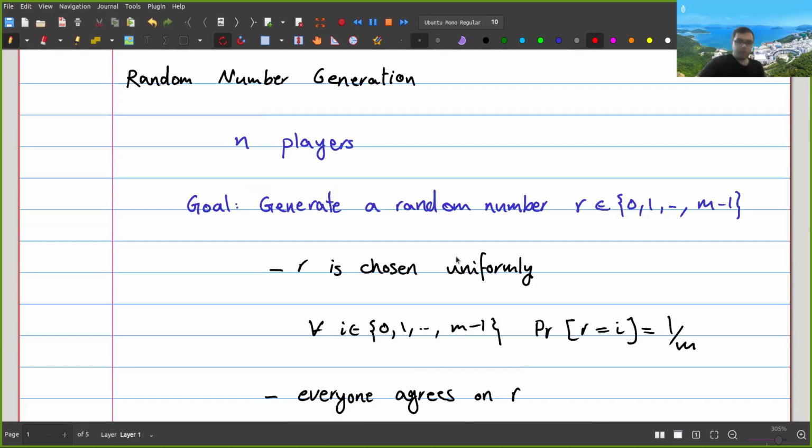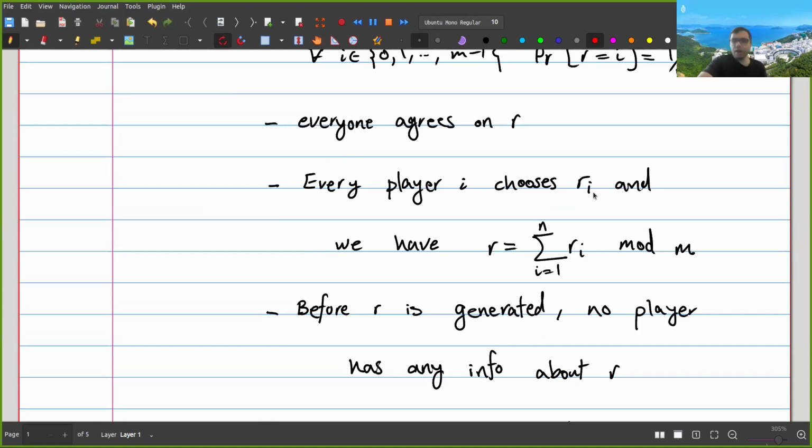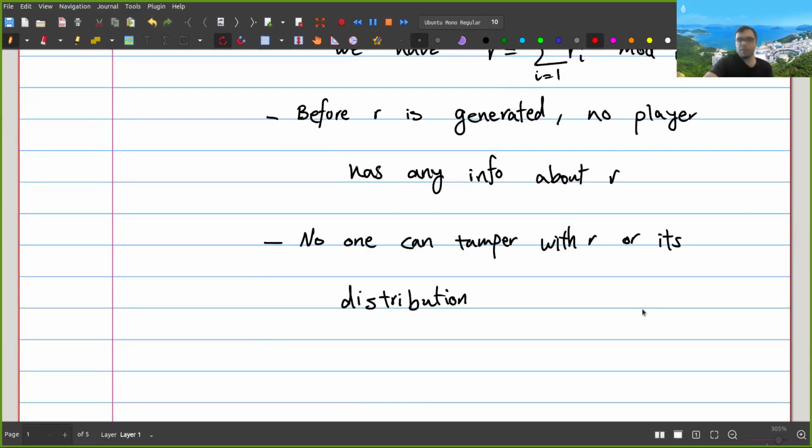Our original problem was that I have n people, and they want to generate a random number. And we said that each one of our players chooses some value Ri, and then I want to take the sum of these Ri's to be my final random number. But my problem was that I was using a commitment scheme, and I was saying that if someone doesn't reveal, then the whole thing, R or its distribution, can be tampered with, right?